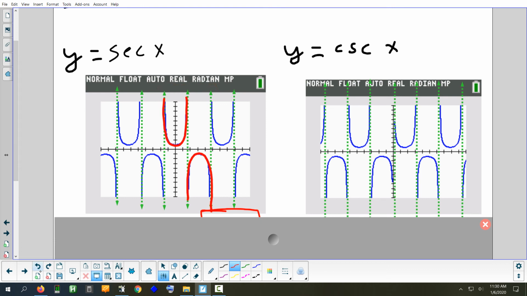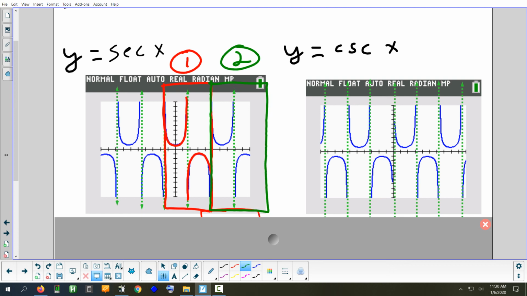If I draw it a little bit more accurately, we'll call that cycle 1, and this is cycle 2. Cycle 1 and cycle 2 each have to have the same number of asymptotes per box.